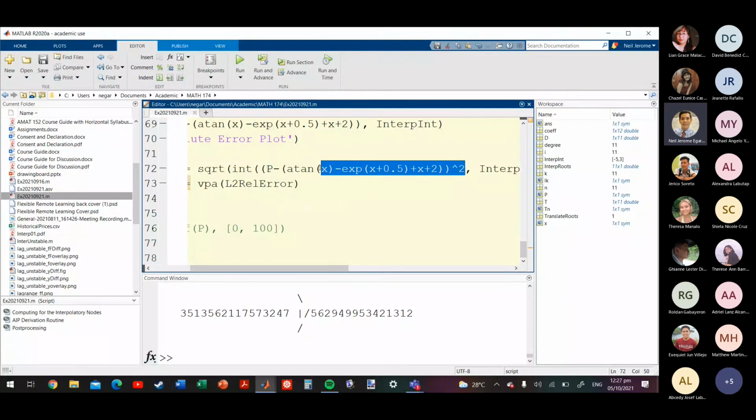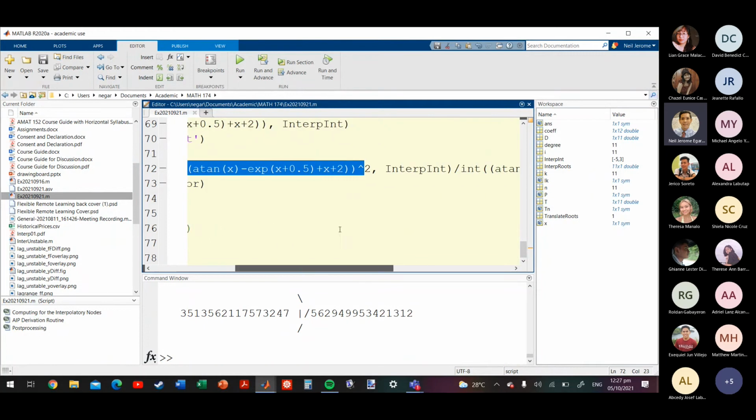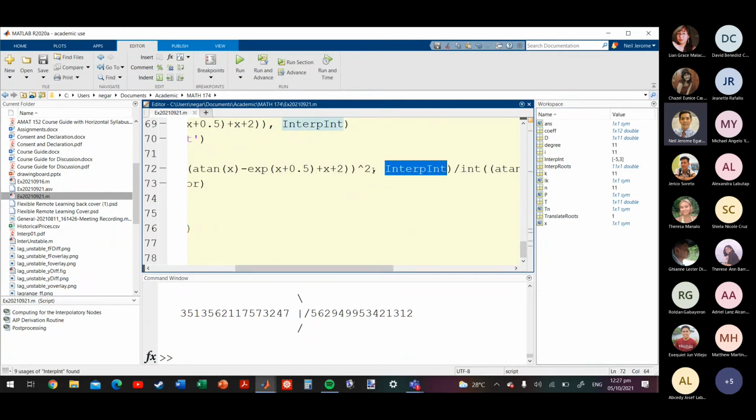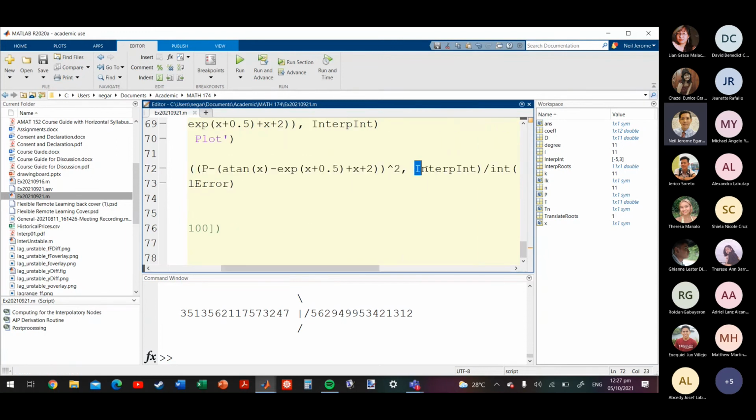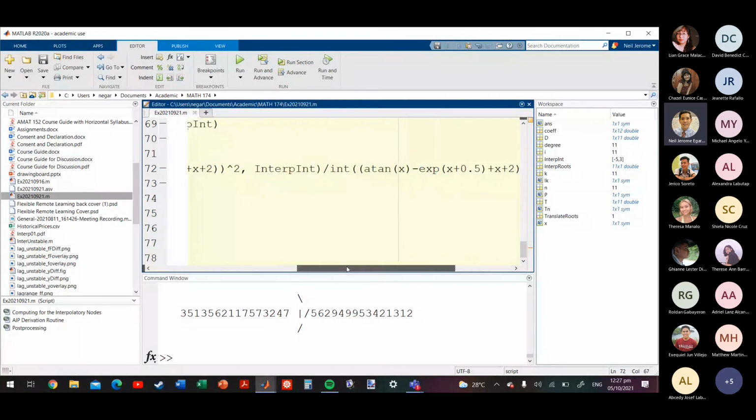So basically, this guy is the error. I will square it. Papa-integrate ko siya kay MATLAB over the interpolatory interval. So function to be interpolated, so which is the square of the error, comma, ano yung interval kung saan ko siya i-integrate. So this is the numerator of the L2 relative error divided by the L2 norm of what is to be interpolated. So si function f, oops, sorry.